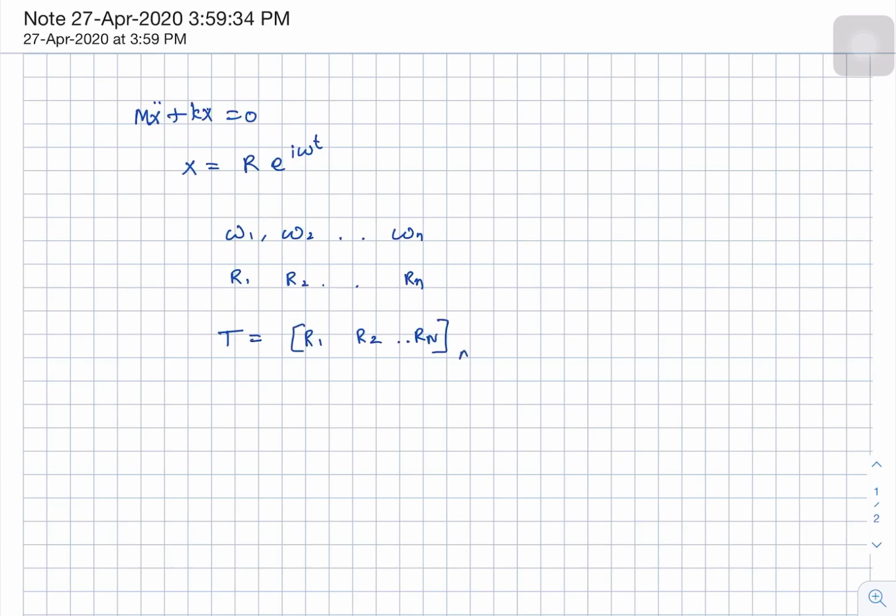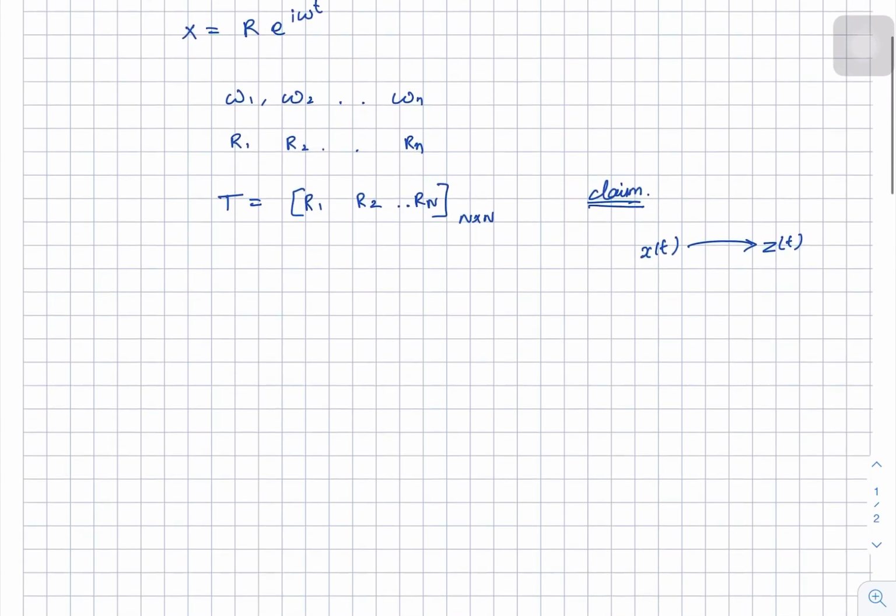Where this is an n into n matrix, and we claimed this is the transformation matrix which will transform natural coordinates into normal coordinates and back into natural coordinates. I just claimed it, I haven't proved it. So now I will prove that this T will satisfy the condition r_m transpose M r_n equal to 0 when m is not equal to n.